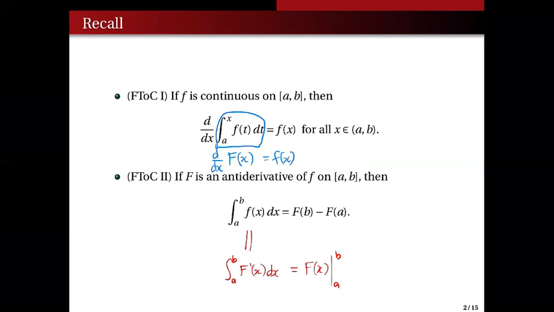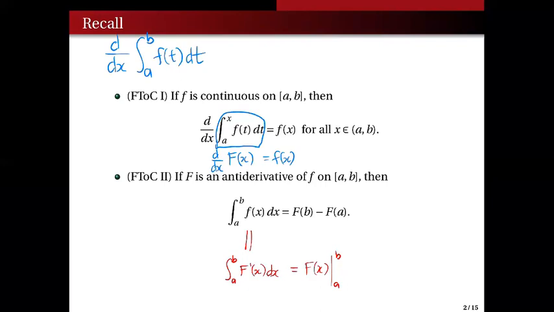Take note, let me just give this as a warning. You have here the derivative with respect to x of a definite integral from a to b of f of t dt. So take note, you are differentiating with respect to x and you don't see any x in here.